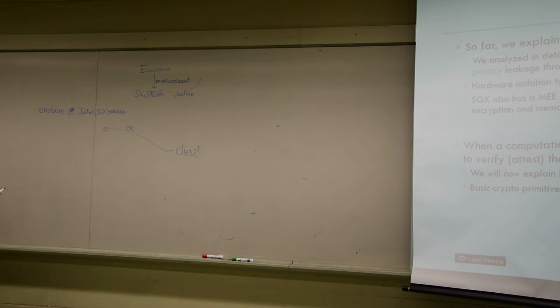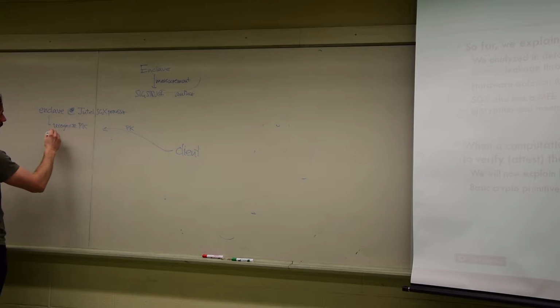Why not? That's the method that I just described. This enclave has a few instructions, and one of them says, I recognize the public key, and yes, the service is paid for.